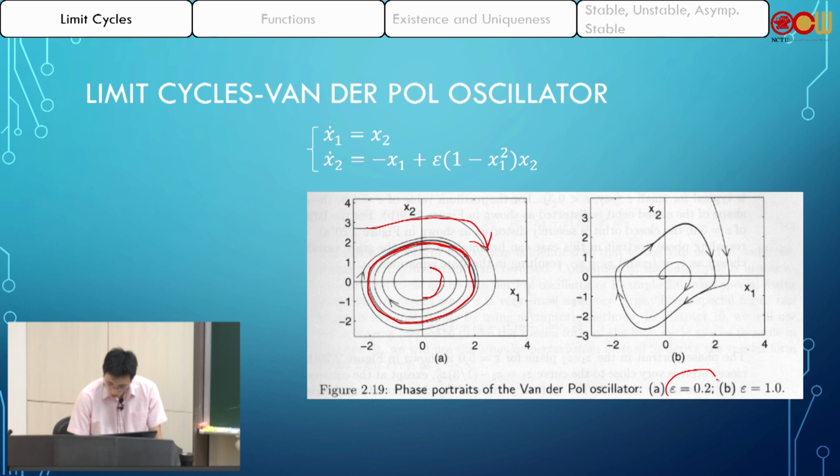So this is the case with epsilon 0.2. For epsilon 0.1, you will obtain a little bit different phase portrait, but it's still stable. If you come from outside, eventually you will reach this orbit and stay on this orbit. If the initial condition is from inside, you will go outward until it reaches this orbit.